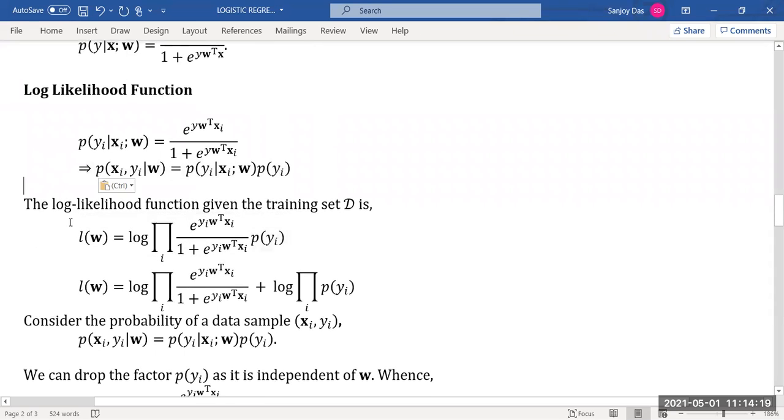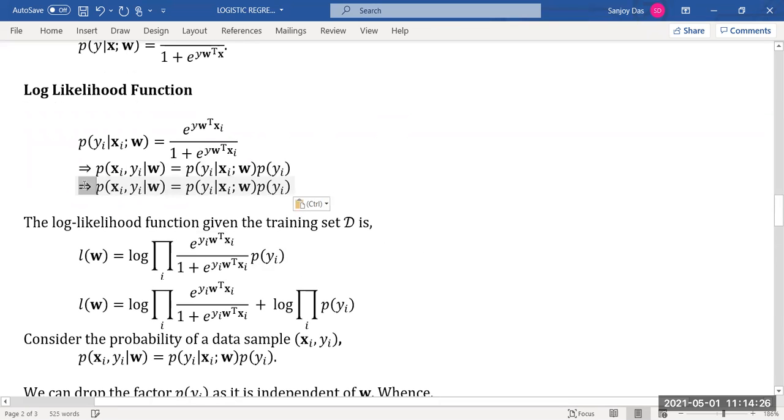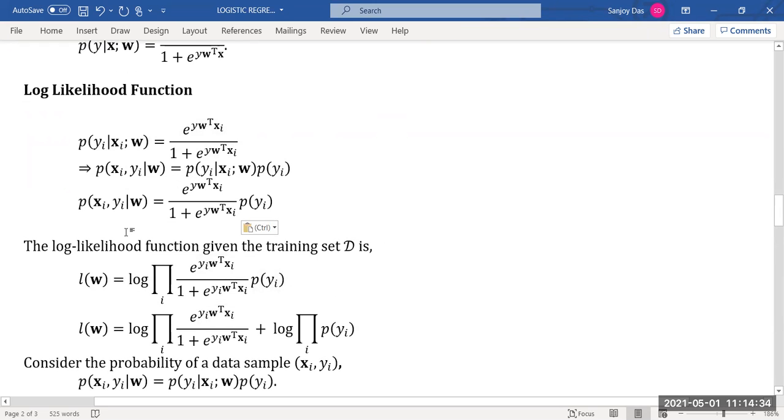So now the log likelihood function of this is, and so this is equal to this. Correct? Yes.